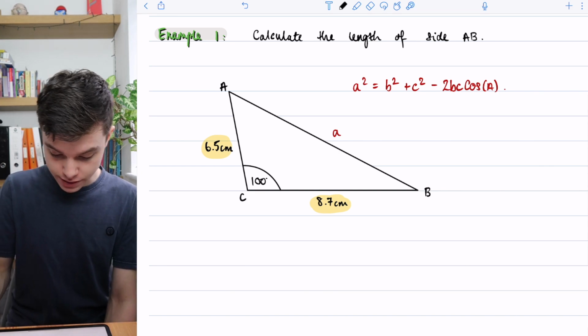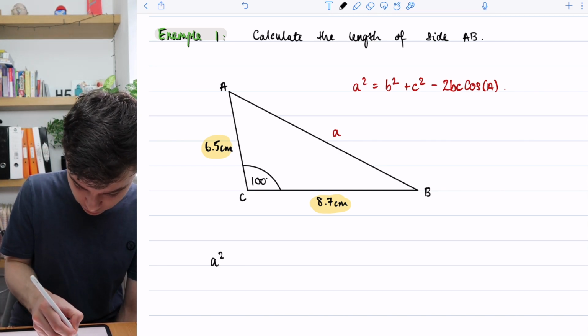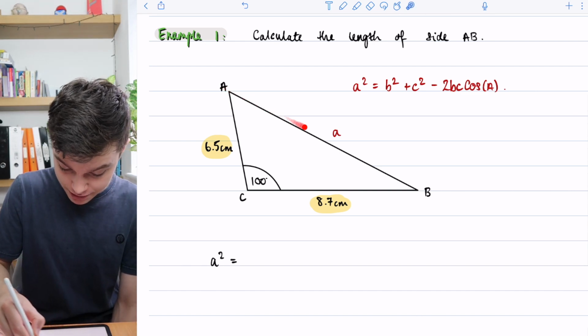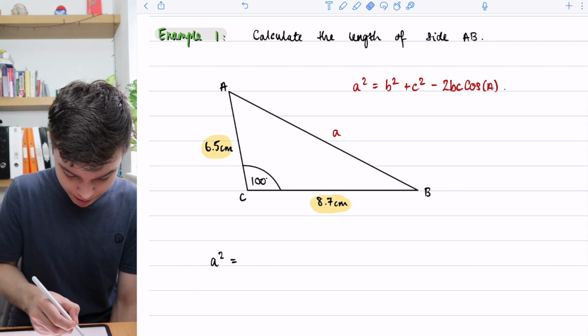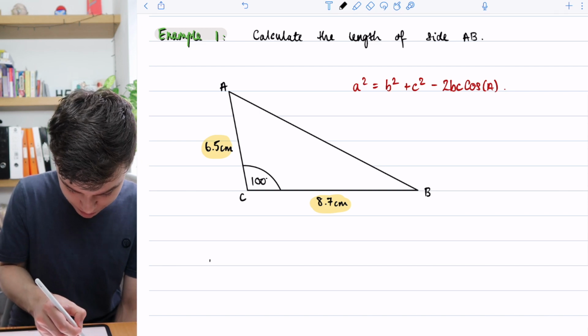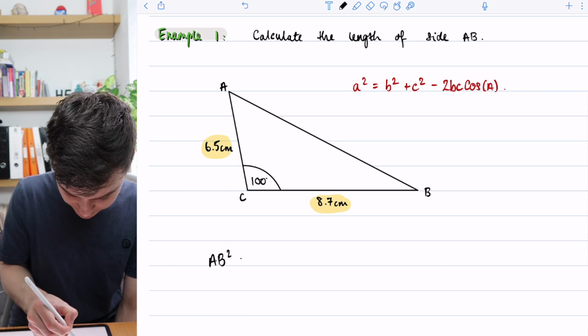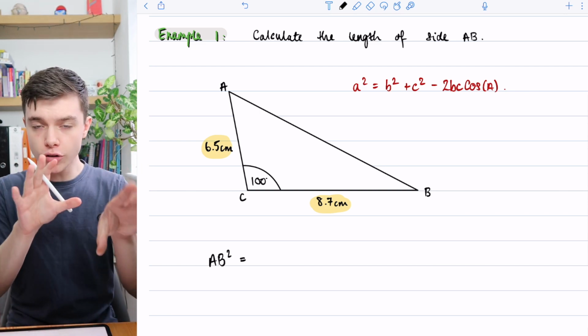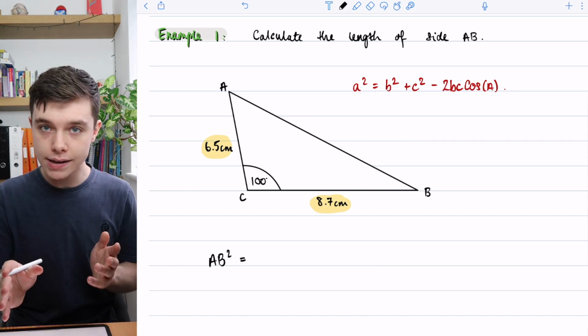Let's substitute in, so A squared, which we could actually say AB squared if you liked, maybe that might be better. AB squared, which is the side we are trying to find, is equal to the other two sides that we know squared and added together.